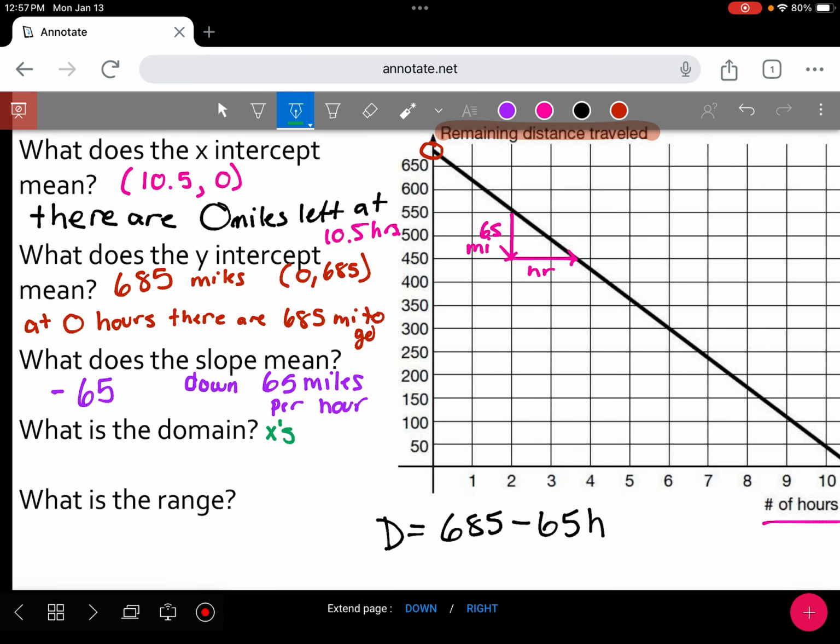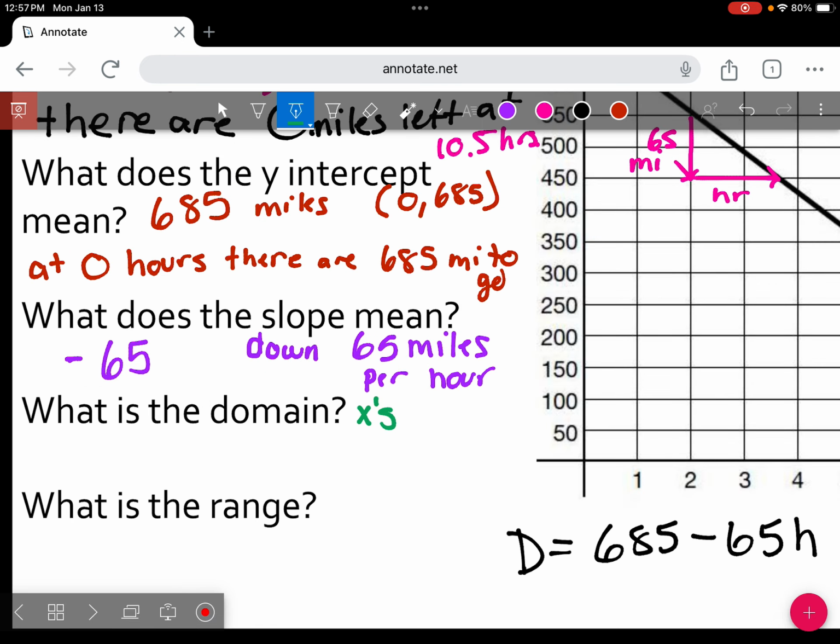So in this case, we're looking for our smallest x and our biggest x. What is the smallest x we have in this function? 0. Because I cannot travel negative hours, because that's going backwards in time. So 0's our smallest. What's our biggest? 10.5.